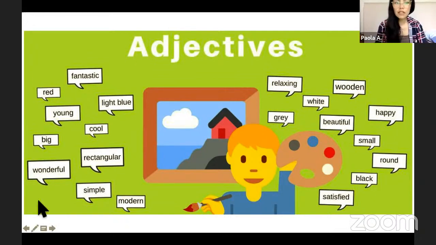You're going to recognize many of these words. Can you read them, please? And try to see if you know the meaning of all of them. Maybe Fabiana and Rodrigo, please turn your cameras on. Fabiana, let's read the first part on the left. And Rodrigo, will you read the second one on the right, please?